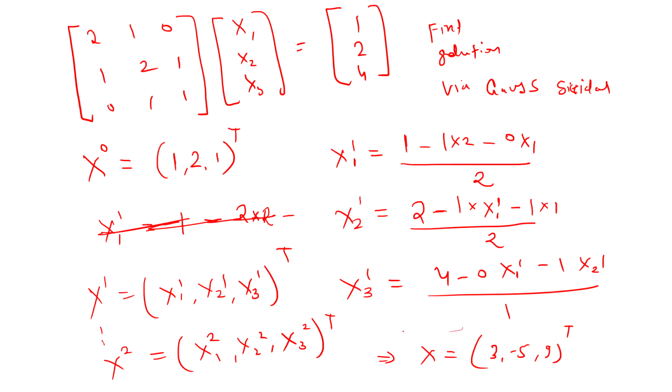So this is the final solution that will come out of this. Thank you so much, and this is where we finish the iterative methods, or indirect methods, of matrix solution. Thank you.